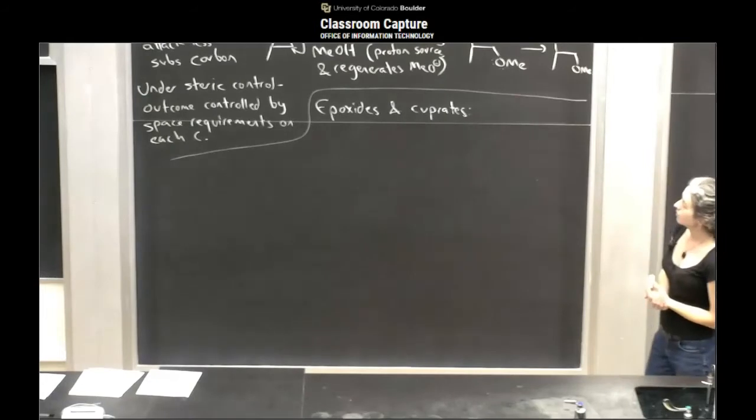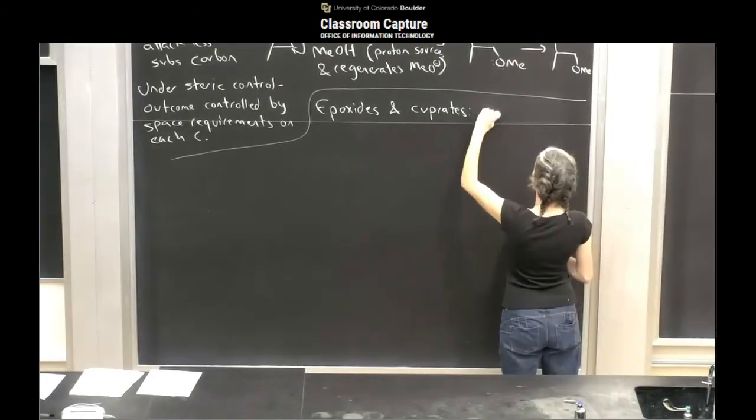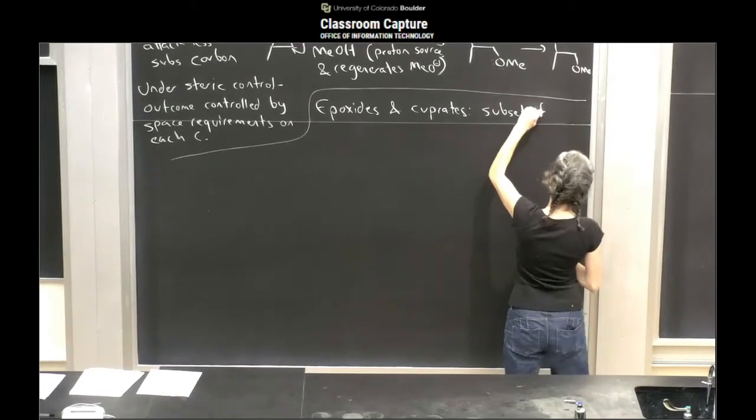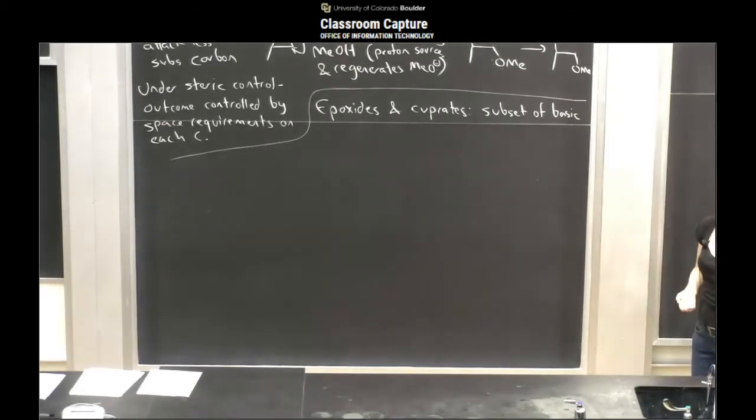Okay, so this whole thing is a subset of basic conditions. Which means that we're going to go in for the less substituted carbon. But we're going to be doing it with something that acts a little bit specially.